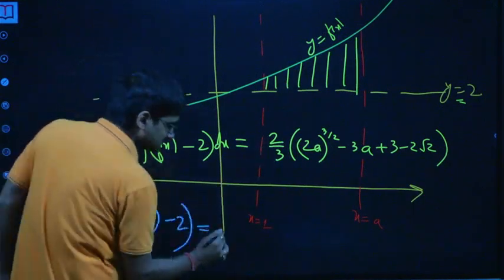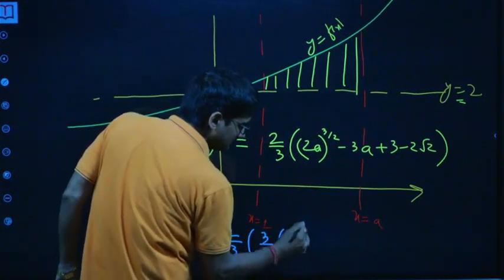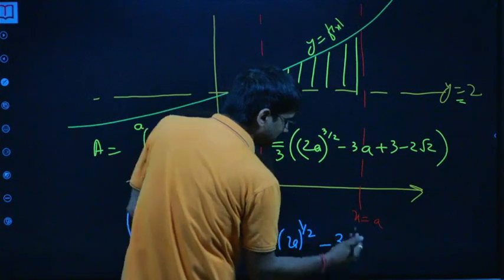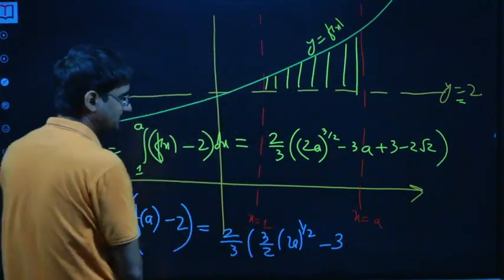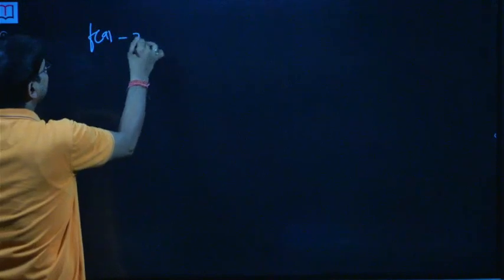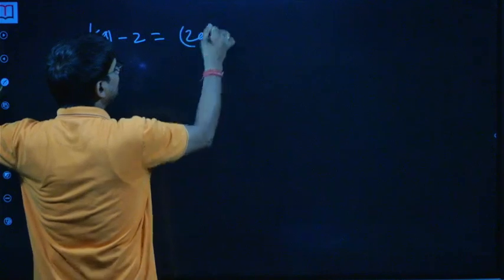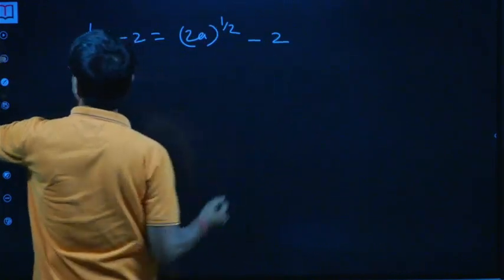So now let's go for this. This is 3 by 2 times 2a raised to the power half minus 3, that's it. So now f of a minus 2, and if I take 2 by 3 inside, it's simply 2a raised to the power half minus 2, isn't that?